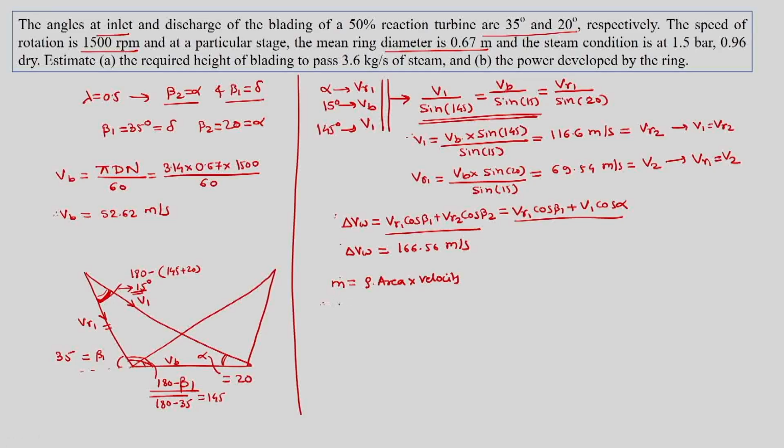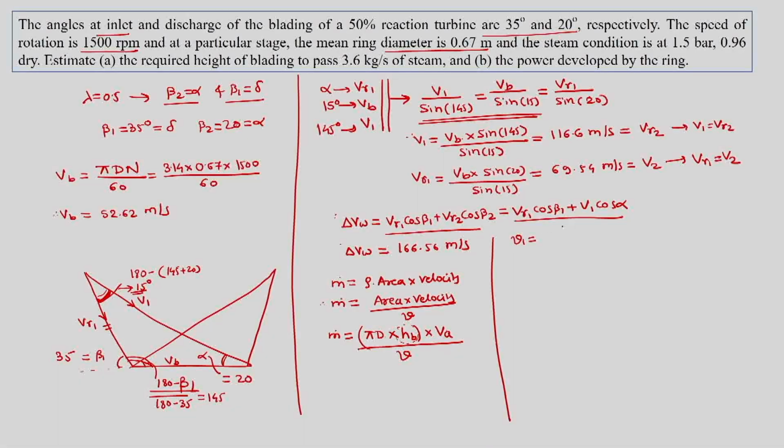So we can make use of this by the fact that it is equal to area into velocity divided by specific volume, where we can write down area as pi d into h of the blade, where d is the mean diameter and h is the height of the blade. This is area, into velocity. Velocity is VA, axial velocity, divided by specific volume. So for this formula, where we can find out HB, we need VA and specific volume.